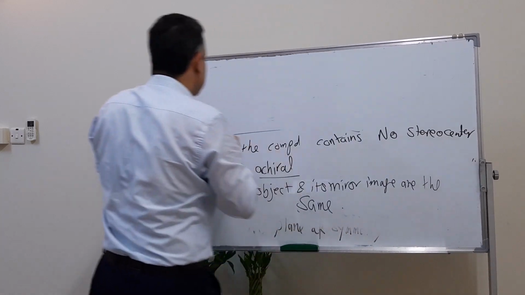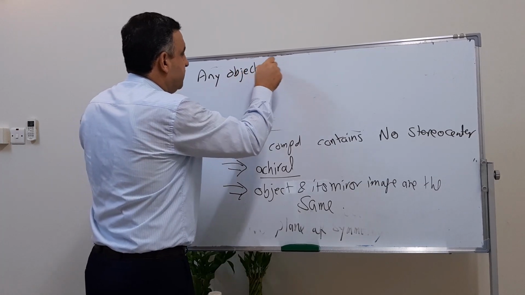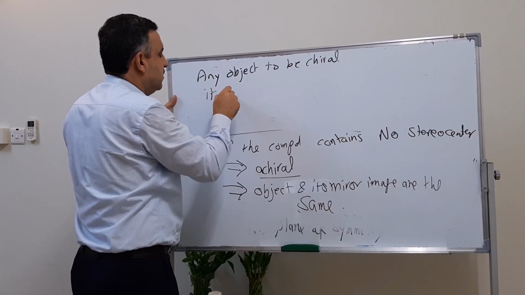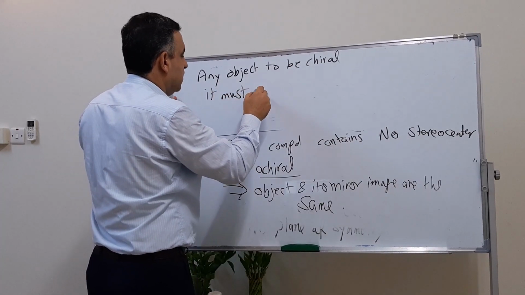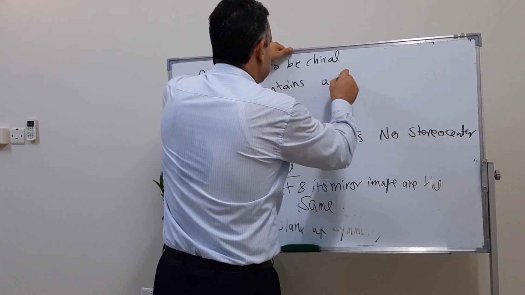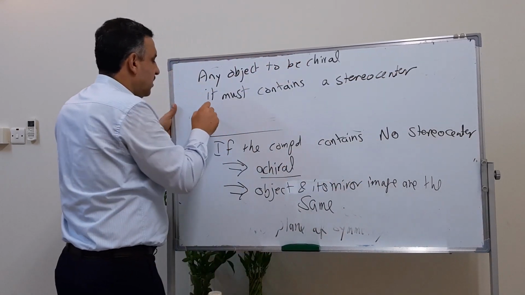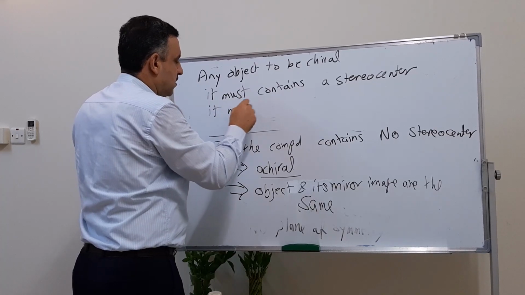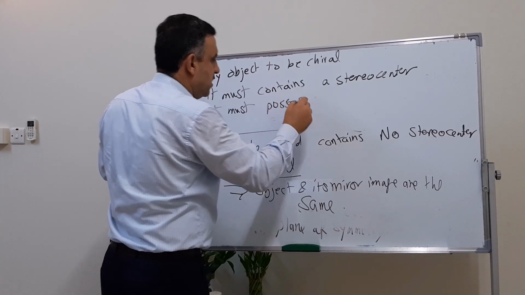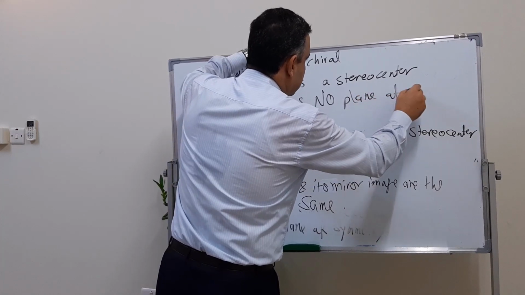For a compound, any object, to be chiral, it must contain or possess a stereocenter, or it must possess no plane of symmetry.